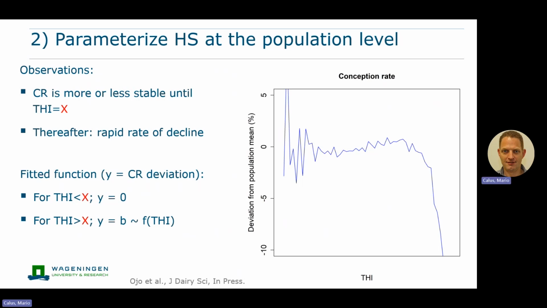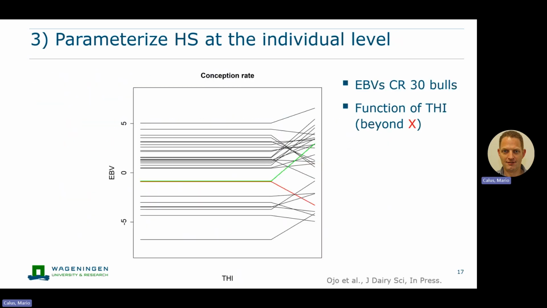Is there a correlation between the breeding value without the slope and the slope direction? They seem quite scattered around. We did estimate them, but I don't know them from the top of my head, to be honest. They're a bit scattered, but the ones that are poor here don't become the best ones there, and vice versa, right?